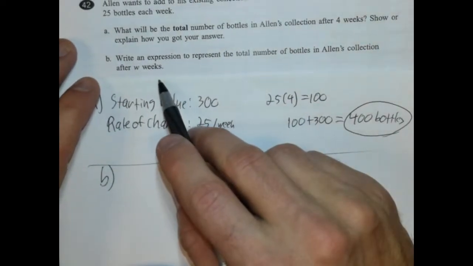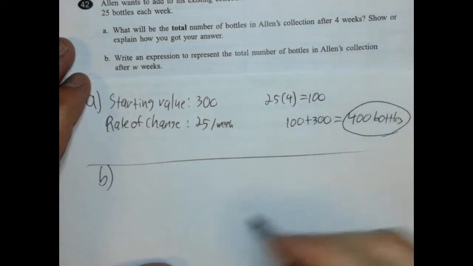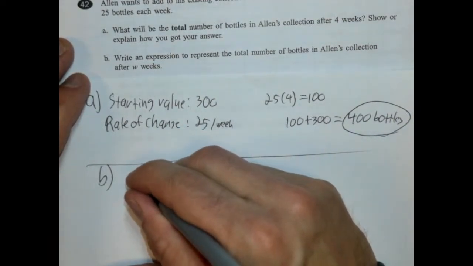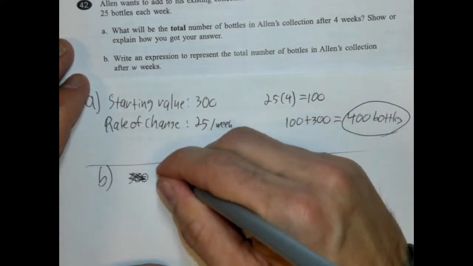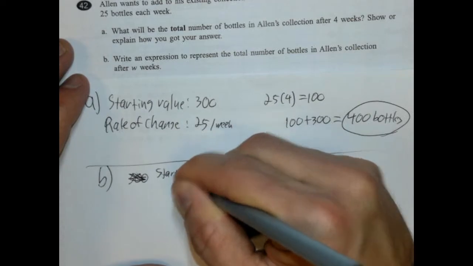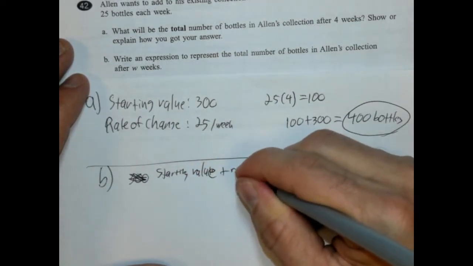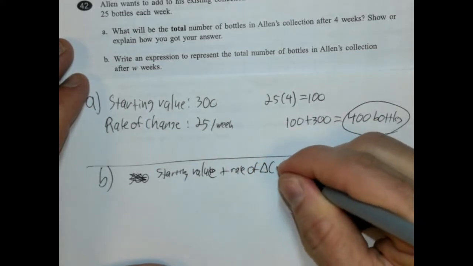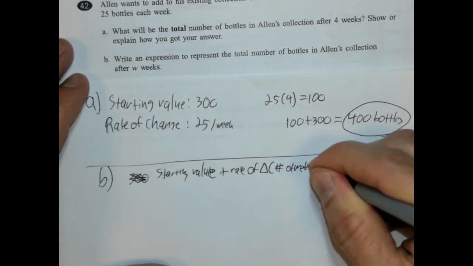All right, write an expression to represent the total number of bottles in Alan's collection after W weeks. Let's write it out first: the starting value plus the rate of change times the number of weeks, because it's changing every week, right?